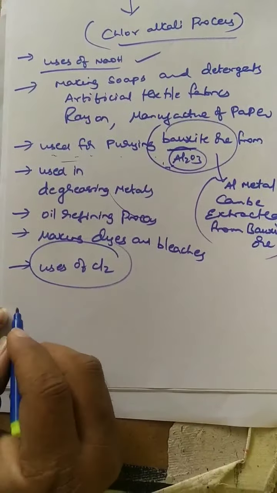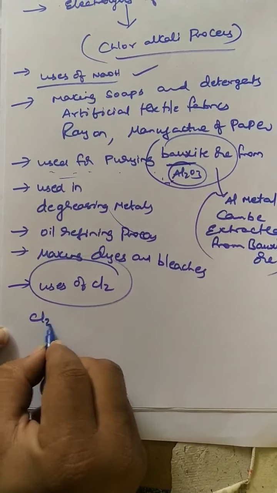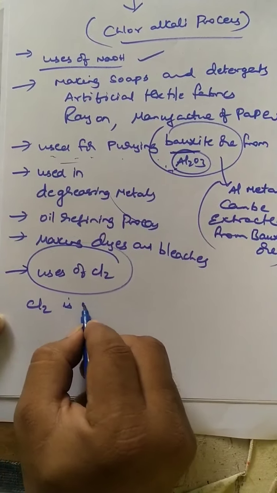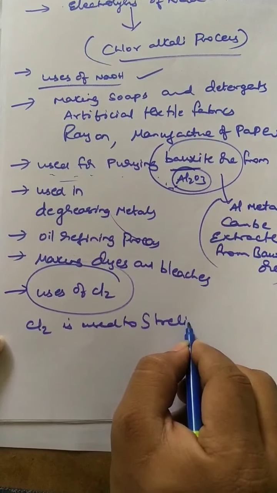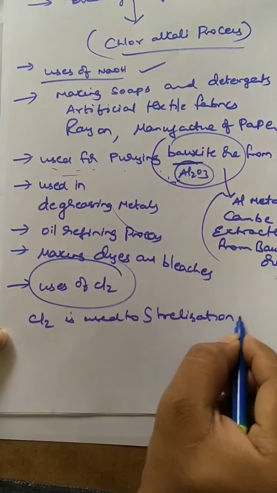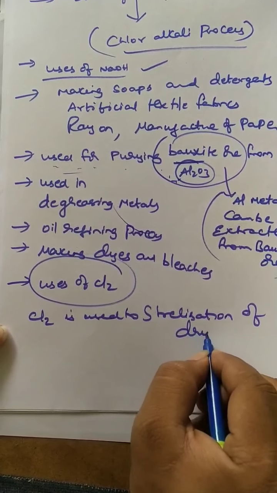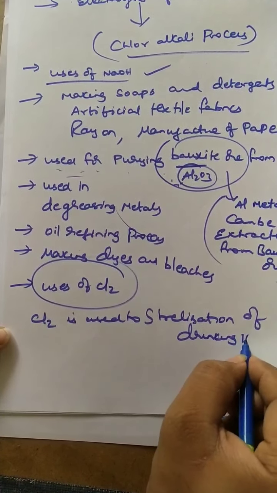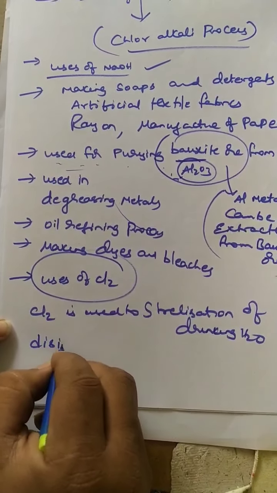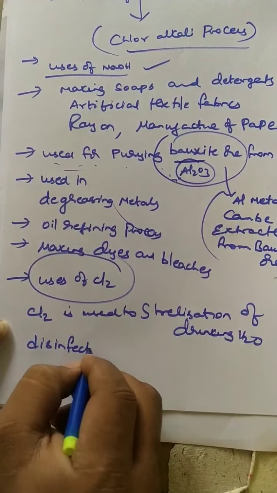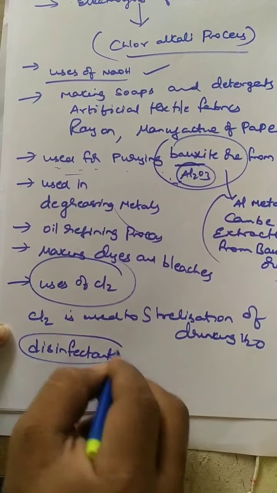Uses of chlorine gas. Chlorine gas is mainly used to sterilize drinking water. Already you know, sterilization of drinking water. It acts as a disinfectant. That means it kills all the germs present in the water.